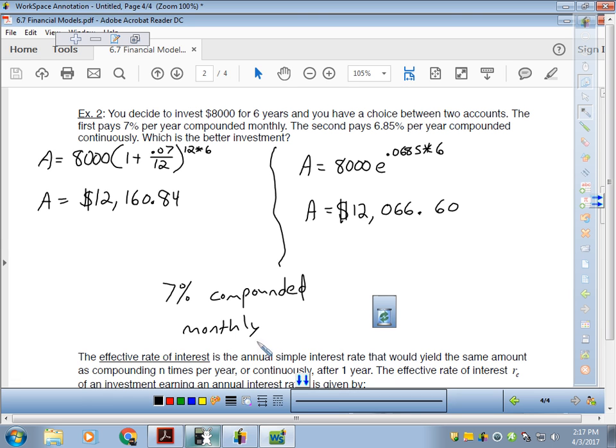It's the better deal. And that happens sometimes. Sometimes compounding monthly is better than compounding continuously. A lot of it depends on the interest rates and the amount of time that you're willing to leave it to compound. So that's how we do those.